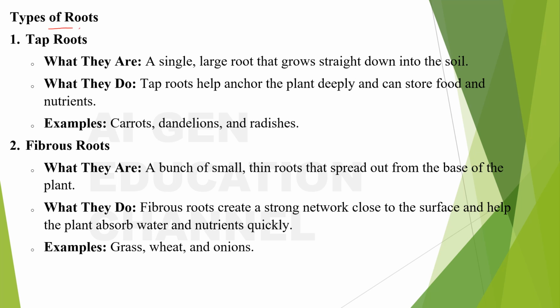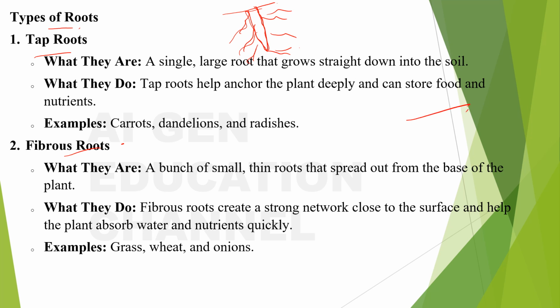Next, types of roots. What are the types of roots? Tap roots and fibrous roots. How about the tap roots? I just want to show you like this. See, these are the tap roots. There will be one large structure, and smaller ones will grow out from it.